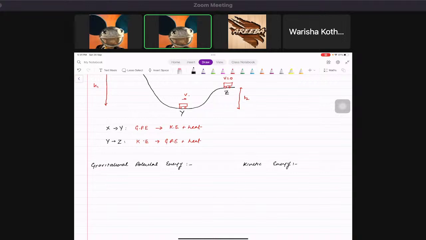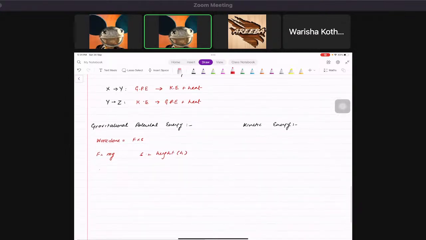Gravitational potential energy is given by, let me just do a small derivation here, it might come in your exam as well. Work done, we studied, is force times displacement. Force against gravity is the weight, which is mg, and displacement is the height h that you move against that force. So gravitational potential energy would be mg, weight, times h, so you get mgh. Is it clear, everybody?